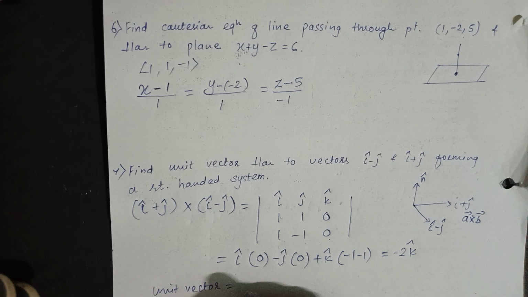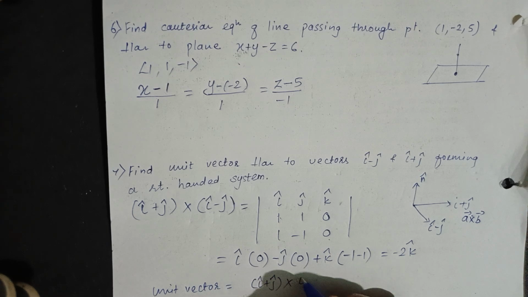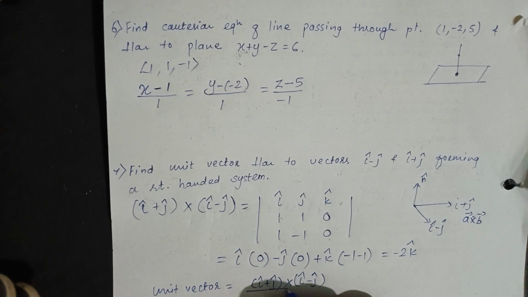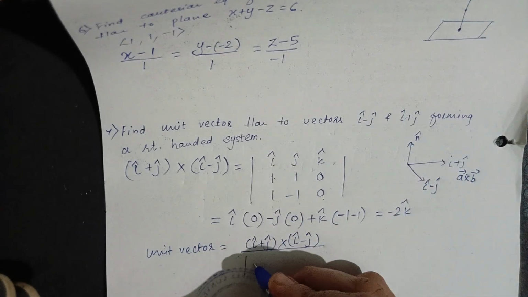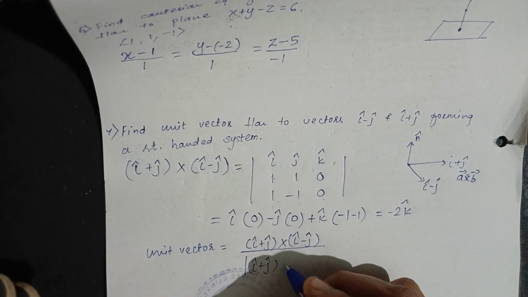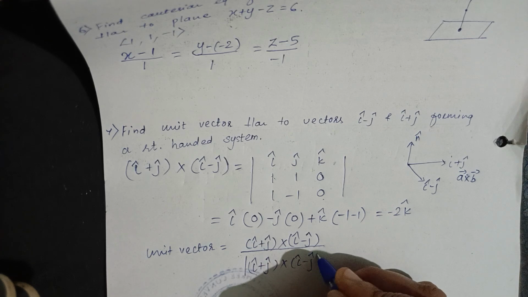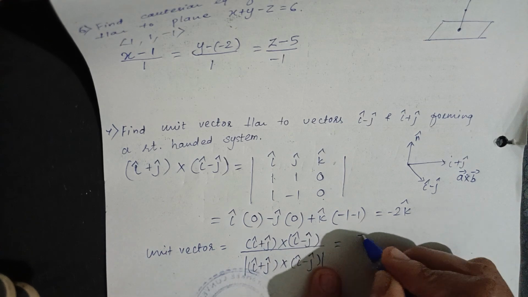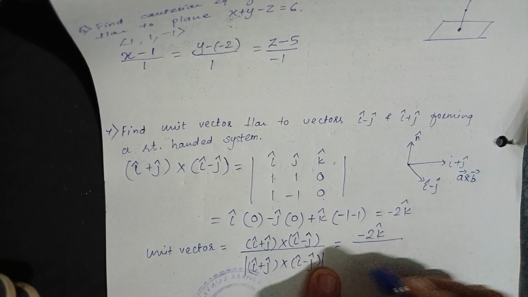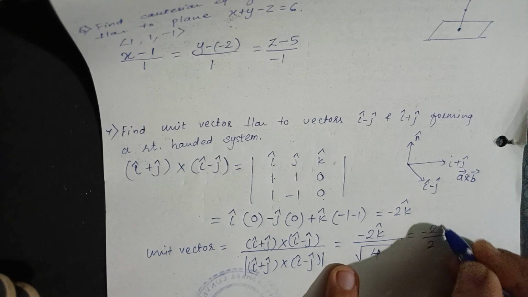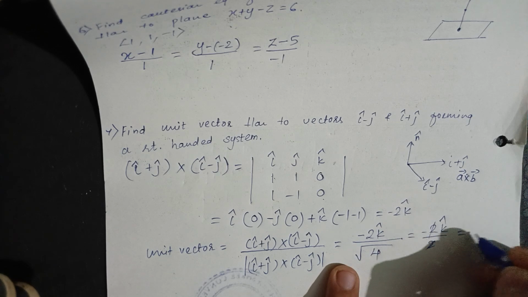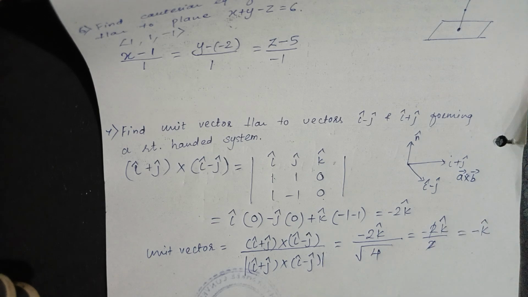The unit vector is given by i plus j cross i minus j upon the magnitude of i plus j cross i minus j. So minus 2k upon root of 4, which is 2. So this is the vector minus k.